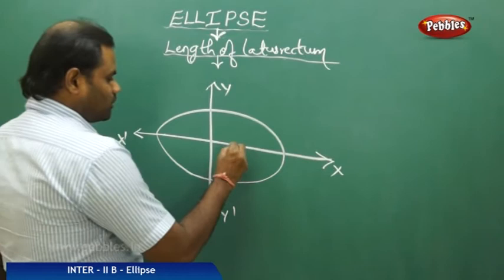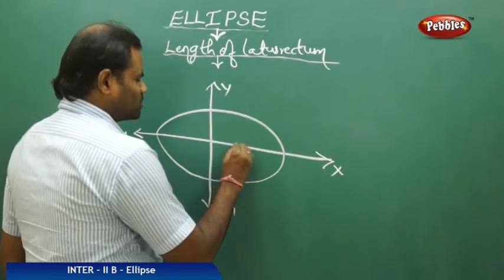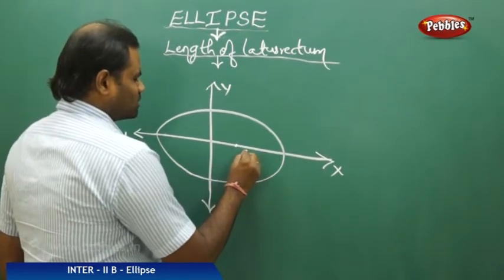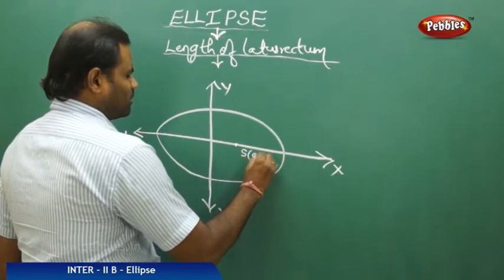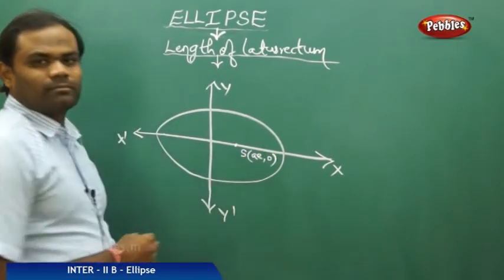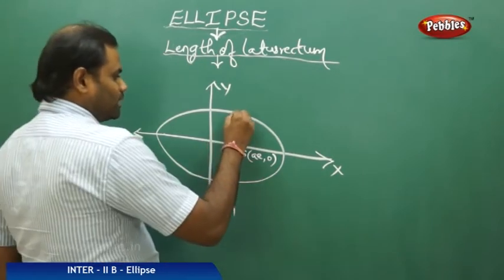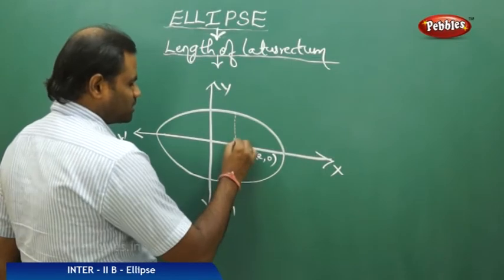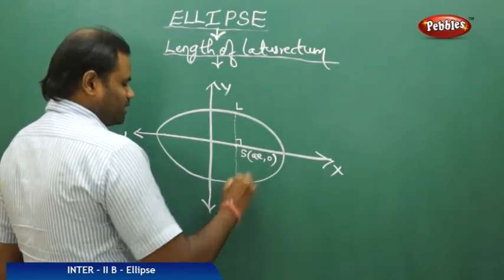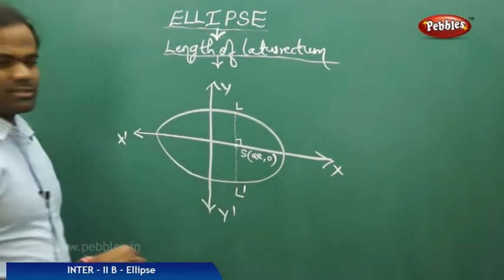Now let me take one of the latus rectum which passes through the focus S, given by coordinates (ae, 0). We know that the latus rectum is a chord passing through the focus and perpendicular to the major axis. So clearly LL dash is the latus rectum.